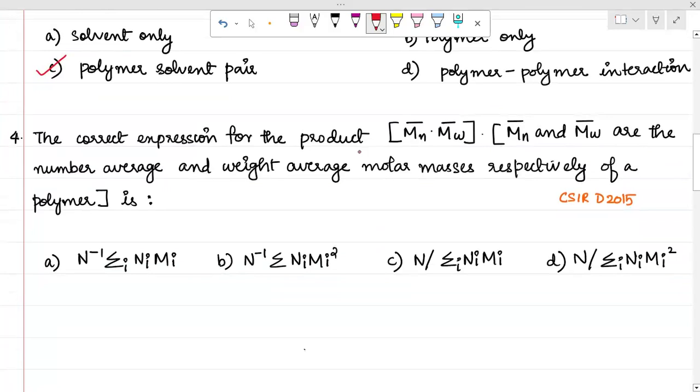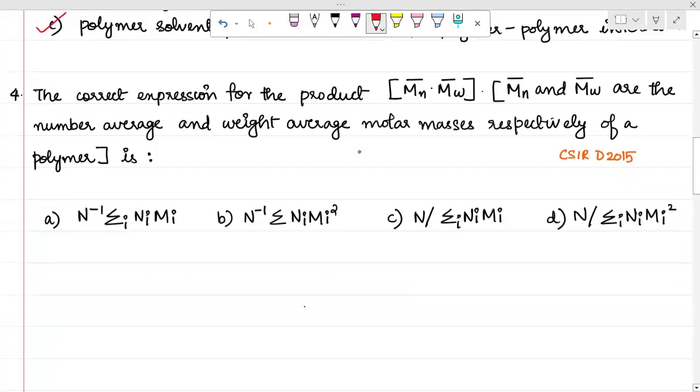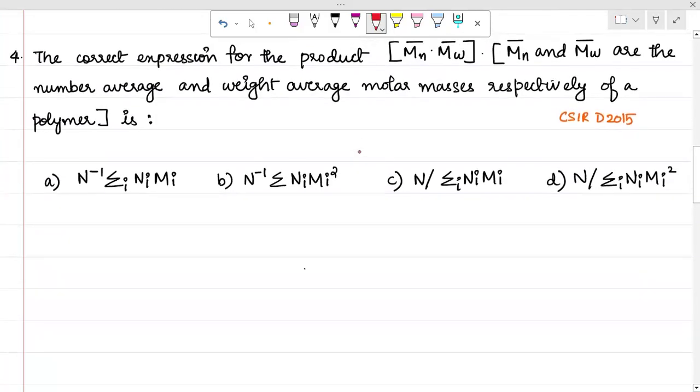Next one. The correct expression for the product of Mn bar into Mw bar, where Mn bar and Mw bar are the number average and weight average molar masses respectively of a polymer, is very easy. Mn, we know, is equal to sigma Ni Mi divided by sigma Ni.